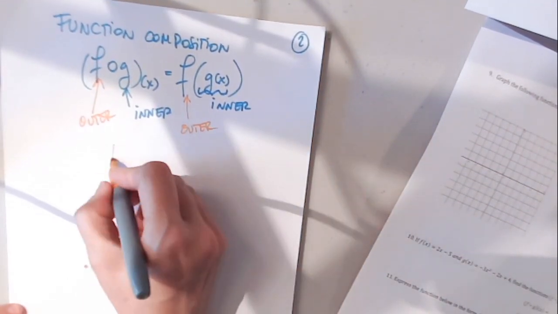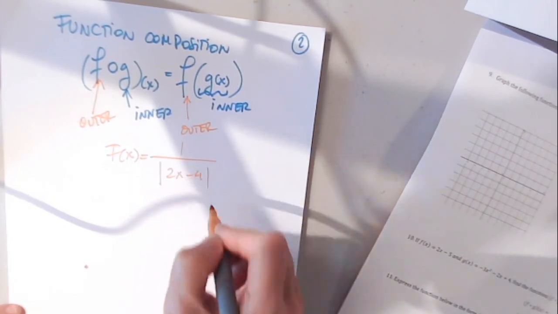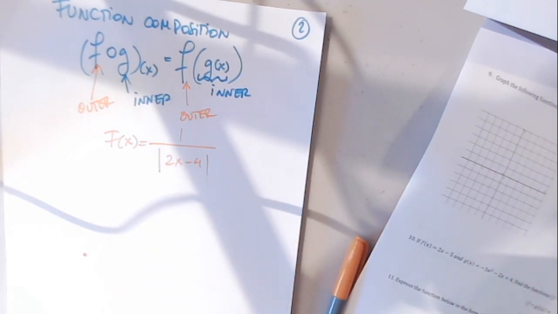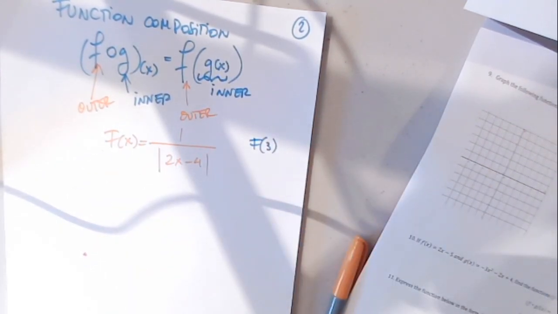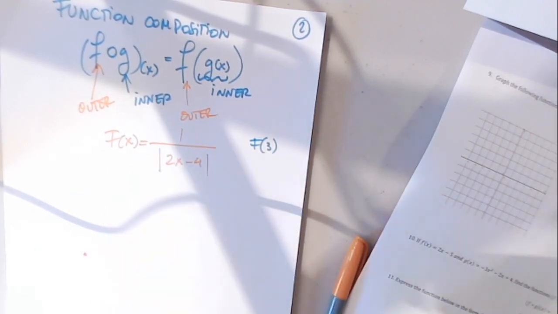So if I'm given f of x, which in my example is 1 over the absolute value of 2x minus 4, one function takes priority. Which function? Let's say you're asked to evaluate this function for x equals 3. Which portion of it will you evaluate first? Will you evaluate the absolute value? Will you evaluate the quotient?